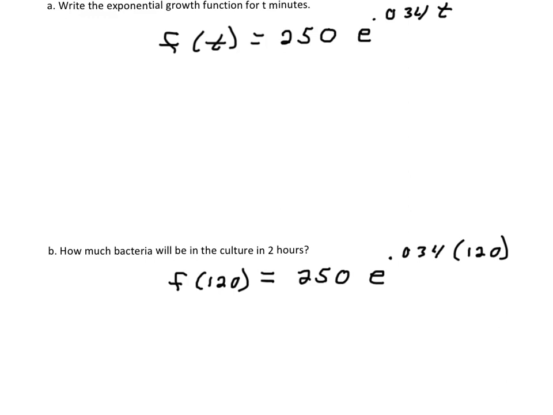Now, when you enter that into your calculator, if you're using your device, make sure you type it in as 250 times e caret parenthesis 0.034 times 120, then close that parenthesis. Okay, so make sure you do it that way. If you're using the Inspire, you can just enter it in.